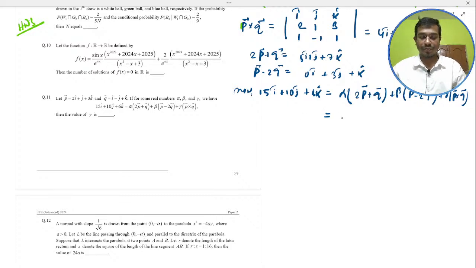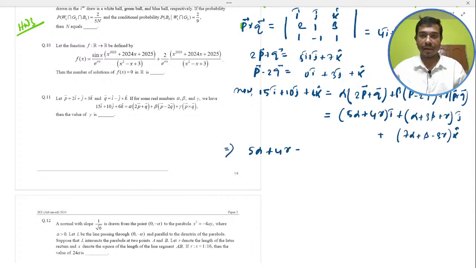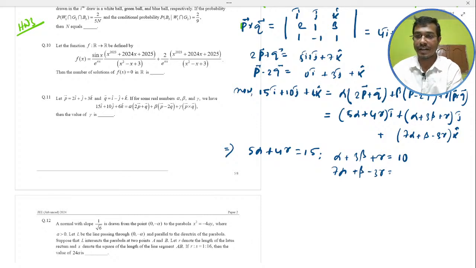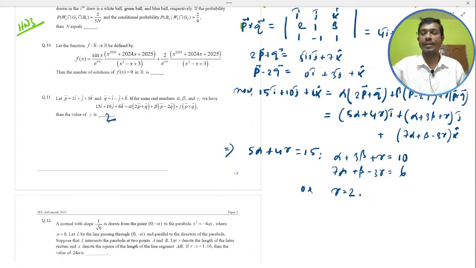This gives 5 alpha plus 4 gamma equal to 15, and alpha plus 3 beta plus gamma is 10, and 7 alpha plus beta minus 3 gamma is equal to 6. Solve, you would get the value of gamma. This is 2. So gamma is 2. 2 will be the answer.